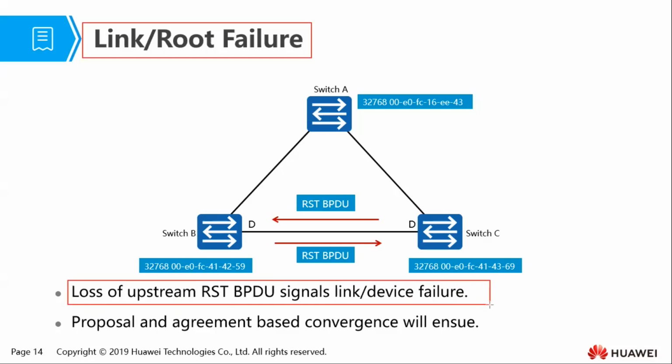So how long does it take? As we said, in RSTP every switch generates its own BPDUs and sends them downstream every 2 seconds based on the hello timer. Now, if you miss an update within 3 consecutive hello timers, so that's about 6 seconds, you don't get an RSTP BPDU from an upstream device, then it means we either have a link or device failure.